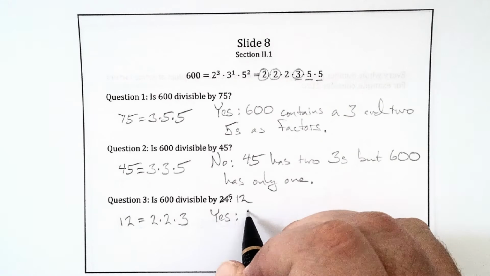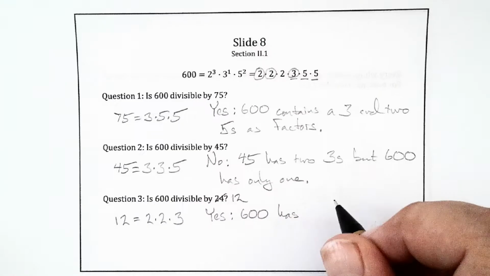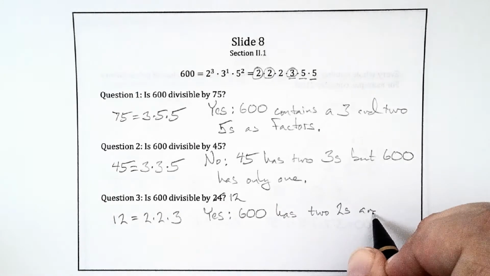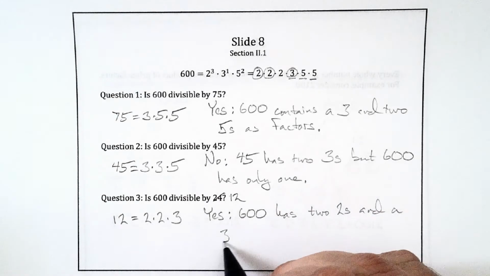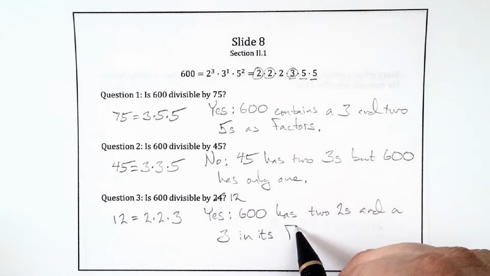So yes, 600 has 2 2's and a 3 in its factorization.